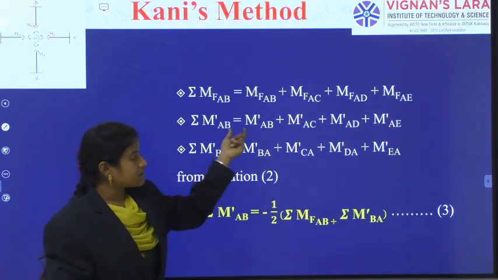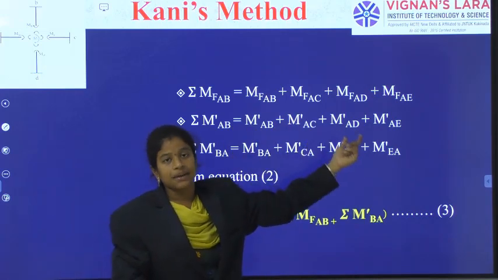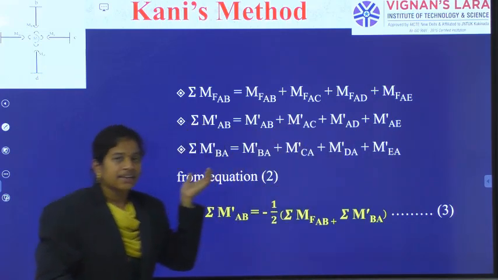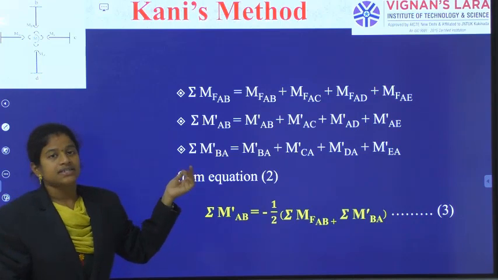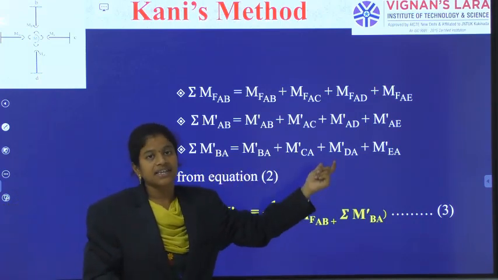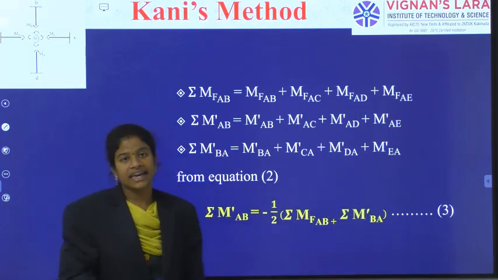Similarly, sigma M dash AB is M dash AB, M dash AC, M dash AD, M dash AE. And sigma M dash BA is M dash BA, M dash CA, M dash DA and M dash EA.